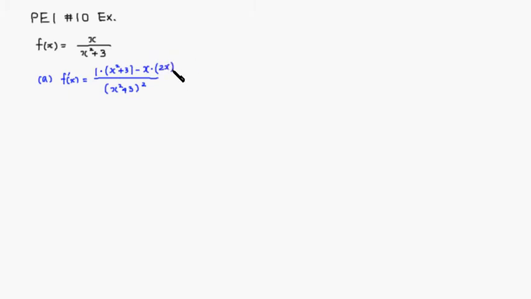So this will simplify to: the denominator is exactly the same, quantity x squared plus 3 squared, then you have 3 here, so I put 3, then x squared minus 2x squared, so it's going to be negative x squared. So this is the first derivative.